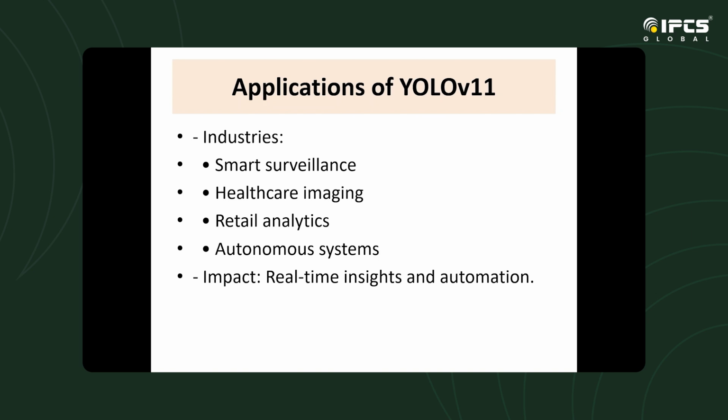So these are the impacts of YOLOv11 and also the advantages in these industries: its ability to deliver real-time insight and automation. By quickly processing visual data, YOLOv11 enables systems to make immediate decisions, and those decisions are used by many industries for enhancing their efficiency, accuracy and overall performance.